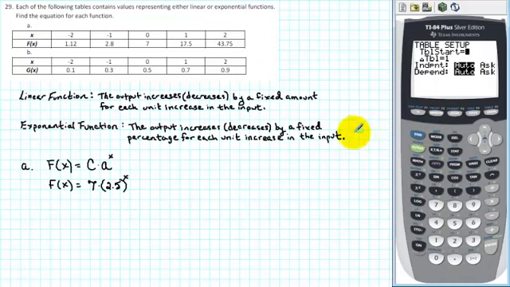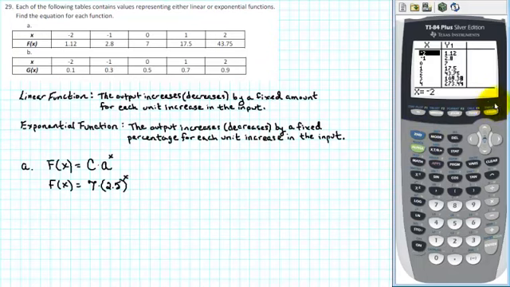We want to start at x equals -2 and increment by 1 and have the table automatically fill in for us. So make sure that the independent and dependent variable are both on auto. And then go to table, second graph, and notice that the outputs are the same. 1.12, 2.8, 7, and so on. So we've come up with a correct function.